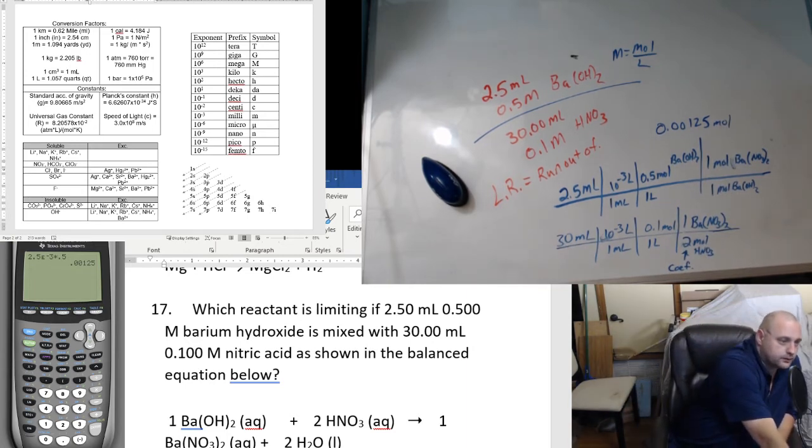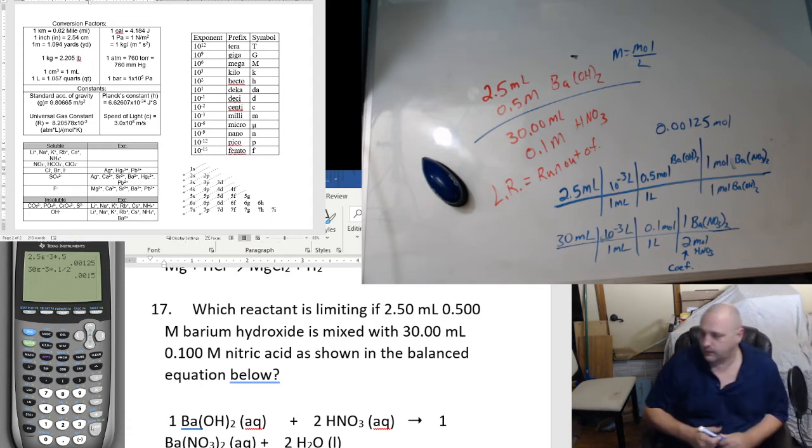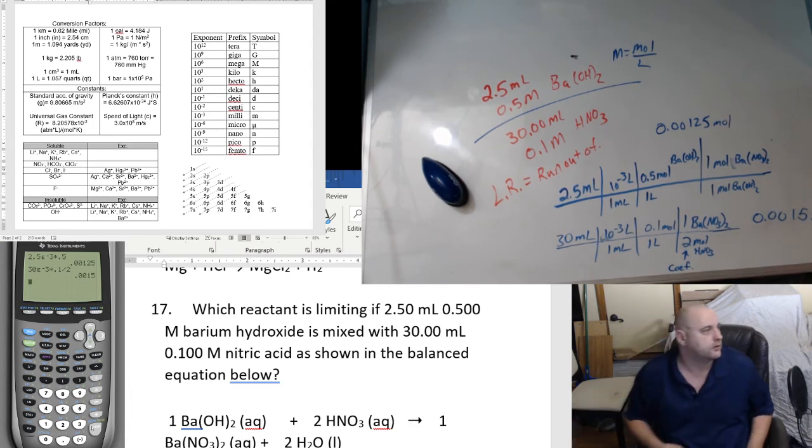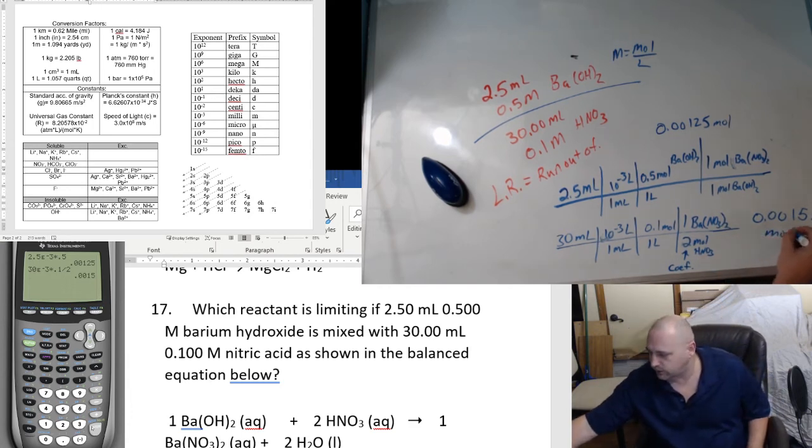And on the bottom one, I got 30 times 10 to the minus 3 times 0.1. And this one is divided by 2. And I get 0.0015 mole. You can't see my units, they're moles.